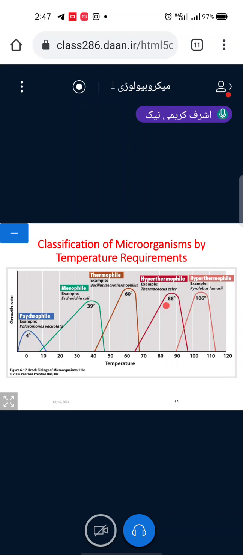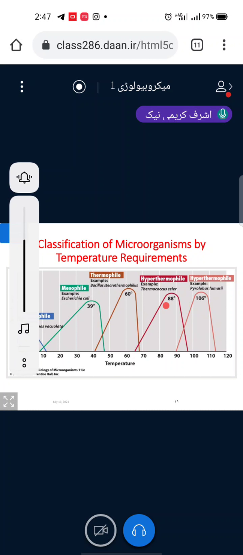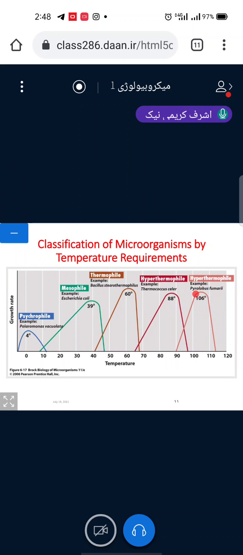For example, Thermococcus is not bacteria, it is archaea. And another hyperthermophile, for example, Pyrolobus, is archaea too, and the best temperature for it is 100.